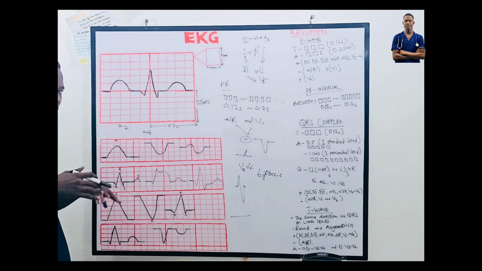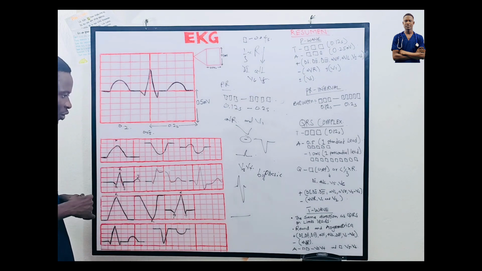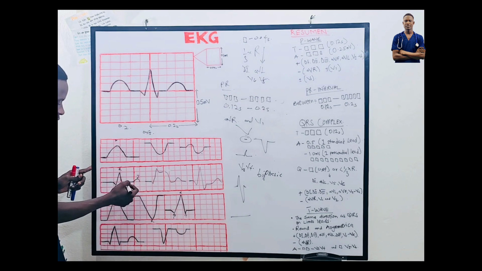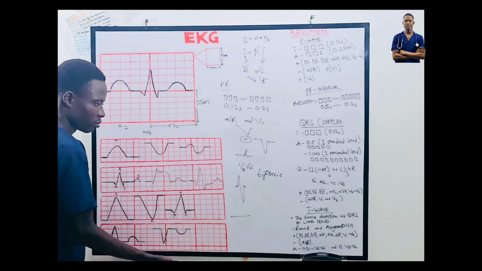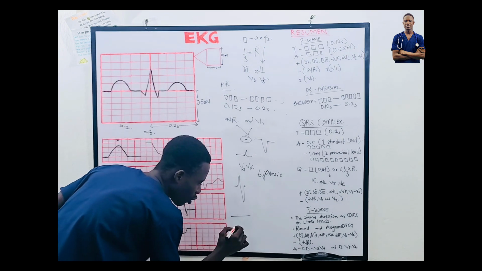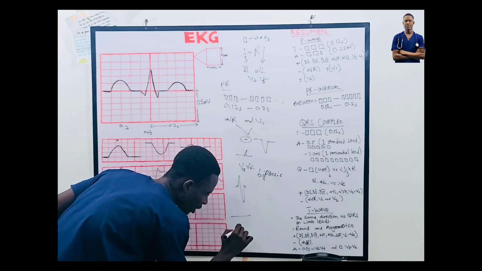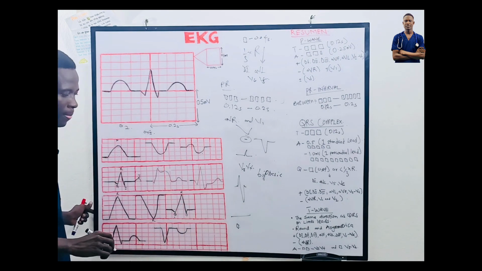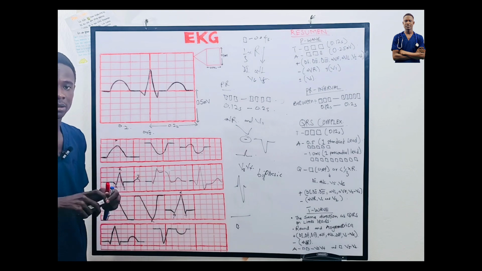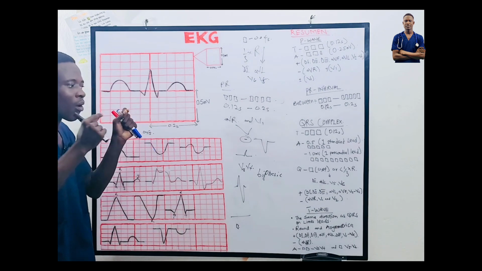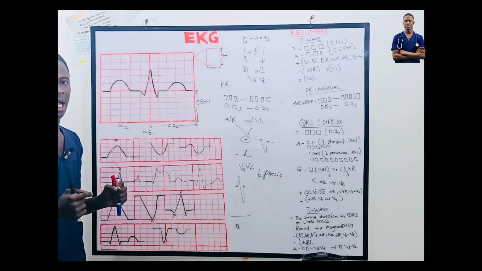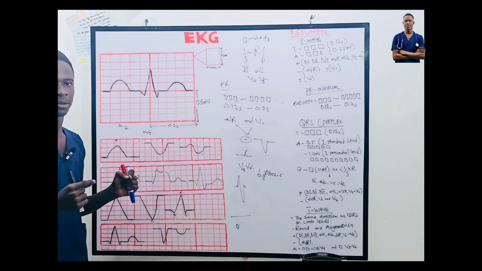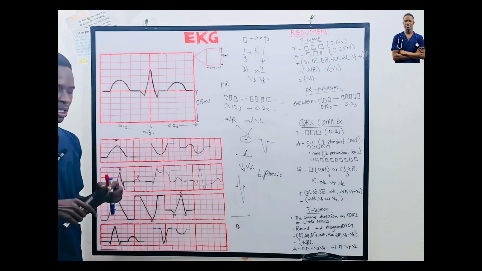So in a condition in which this isoelectric line deviates more than one small box, it must bring your mind to a pathology of the heart, which can be an infarction or ischemia. You understand?